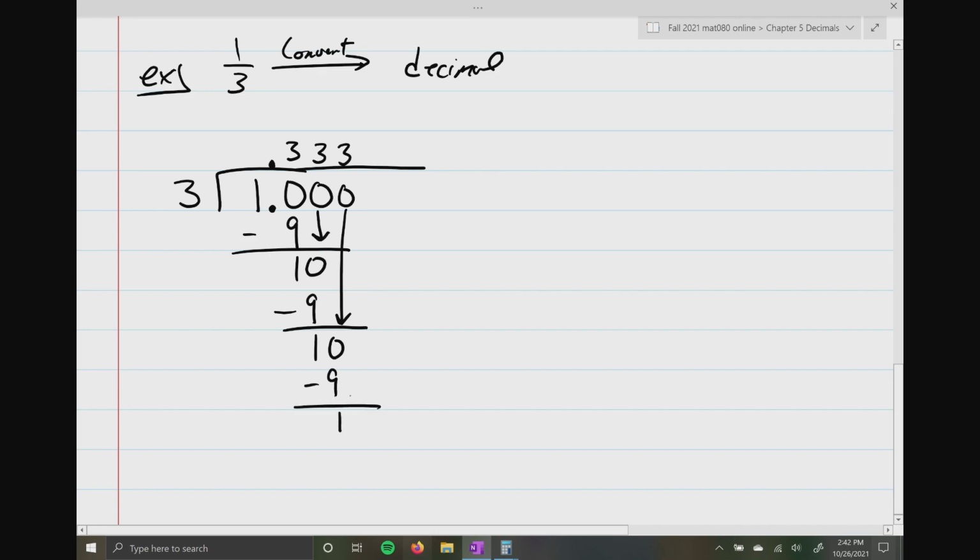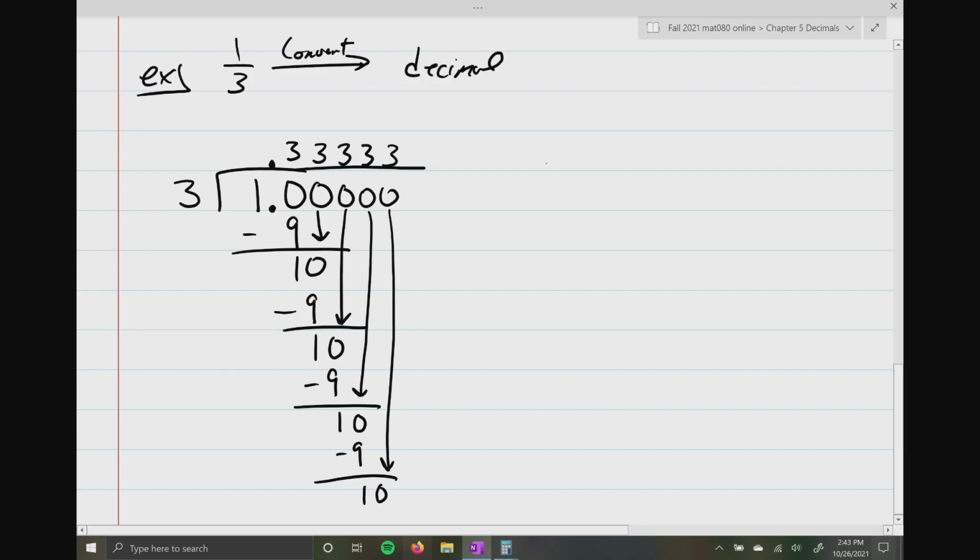And what we find is it looks like I'm never going to get that nice remainder of 0. I always get 1, and then I drop down to 0. And in my quotient here, you could see that I start getting this 3 that just keeps repeating.